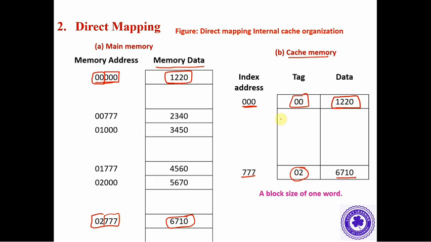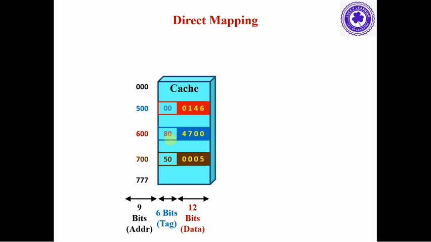Once we store memory words in the cache as tag plus data, whenever the CPU requires, it makes a reference to the cache. The CPU sends a 15-bit address, which is stored in the argument register, divided into index and tag. The cache is searched with the index field.